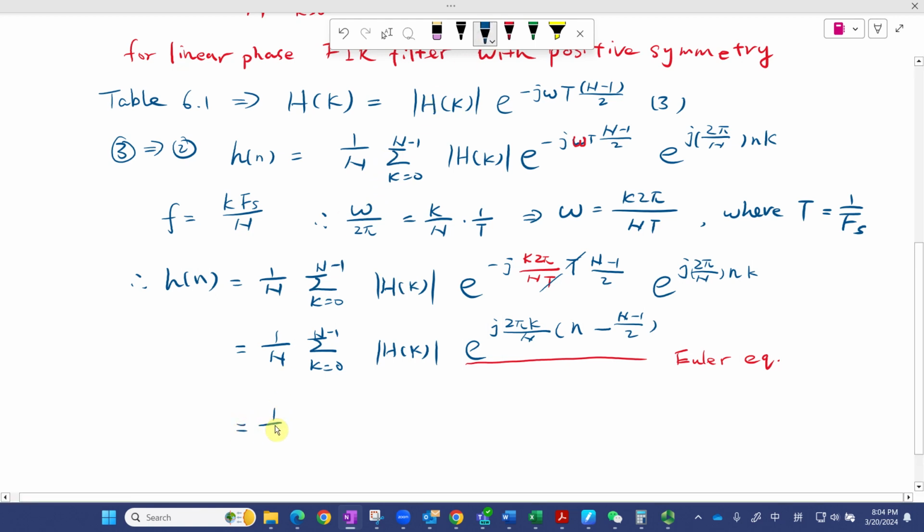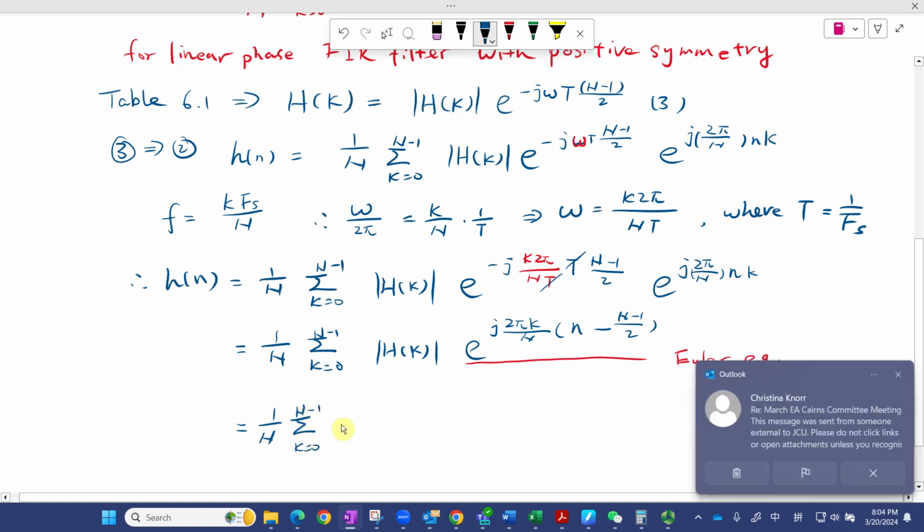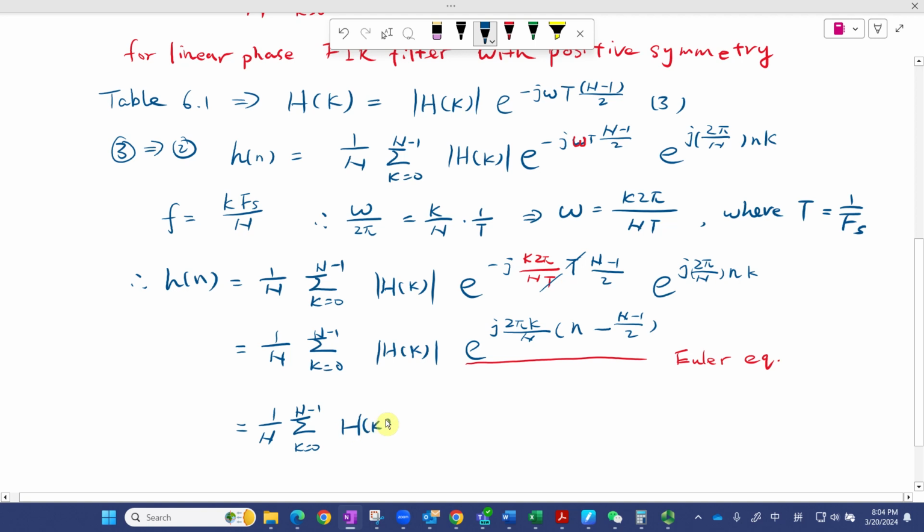So this equals 1 over N, sum from k equals 0 to N minus 1, of H[k] magnitude, times cosine of 2 pi k over capital N times lowercase n minus N minus 1 over 2, plus j sine, same thing, 2 pi k over capital N times lowercase n minus N minus 1 over 2.